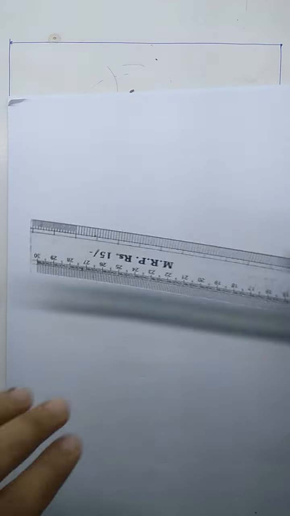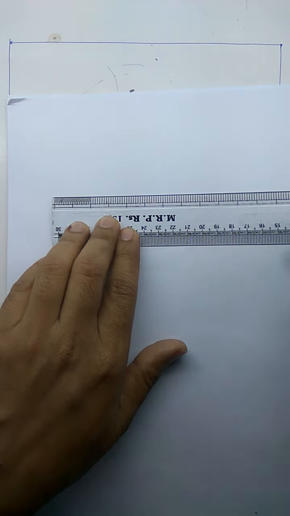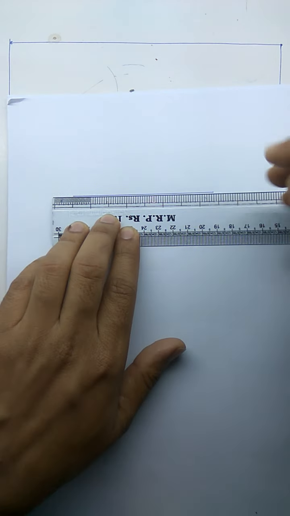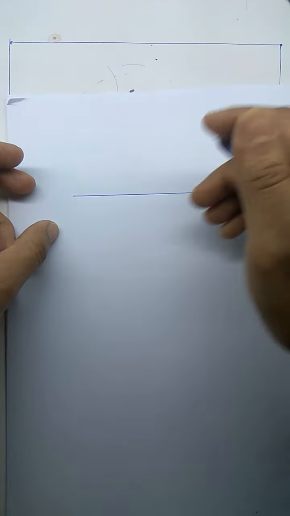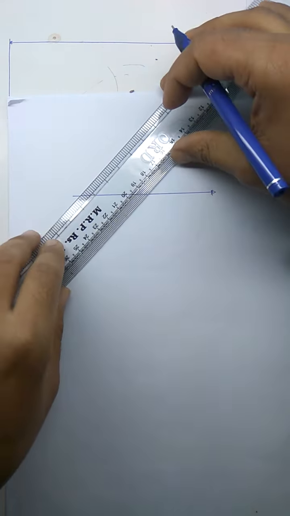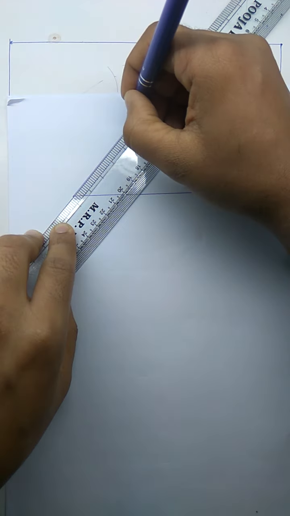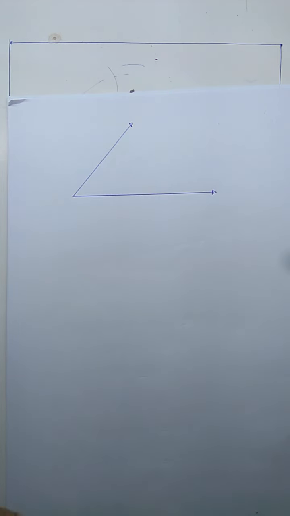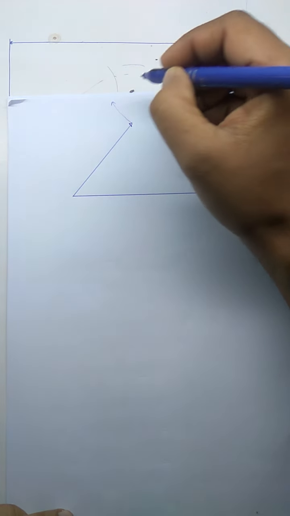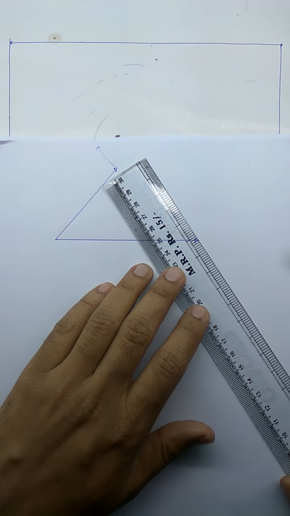Let's consider a case of a generator where I is leading V. Let's say this is my V, and the current is leading somewhere here. If this is the current, IAXQ will be perpendicular to it, in this direction.